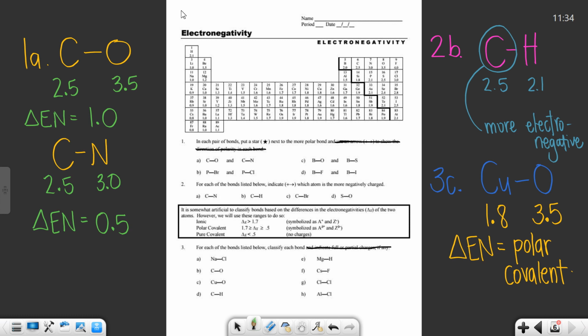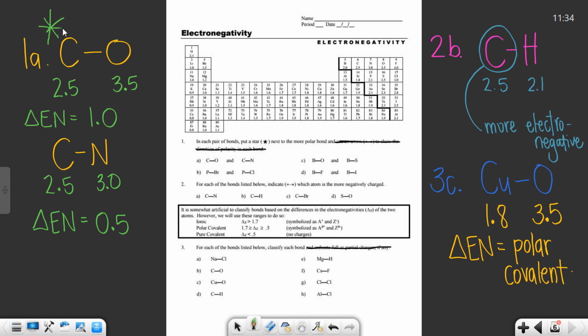We have C bonded to O right here, and we have C bonded to N. So I go into the table, I find their values, 2.5 and 3.5, 2.5, 3.0, subtract them to get the difference in electronegativity, and I find that the CO bond, the difference in electronegativity is higher, so that means that it's more polar. And that's it. That's what we're doing for that one.